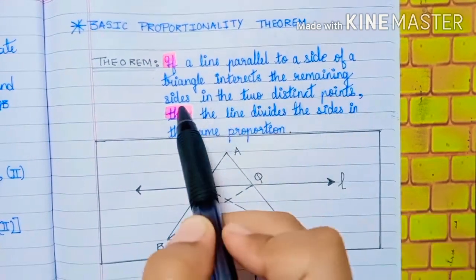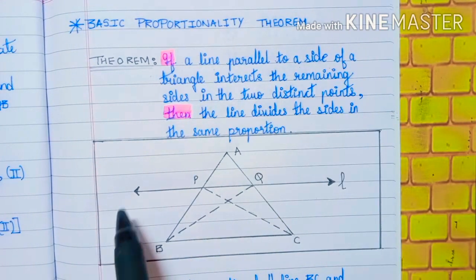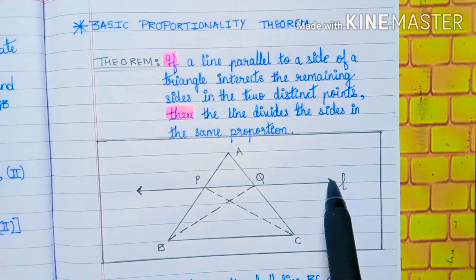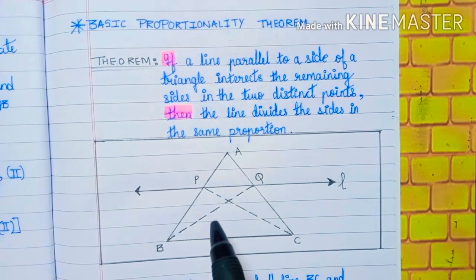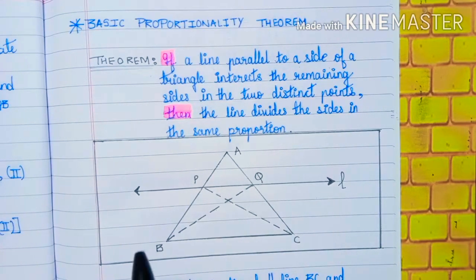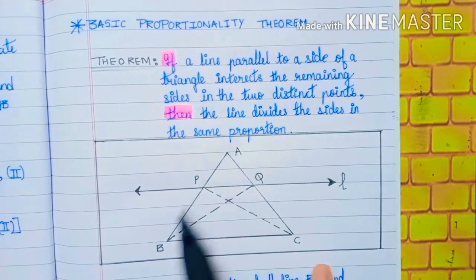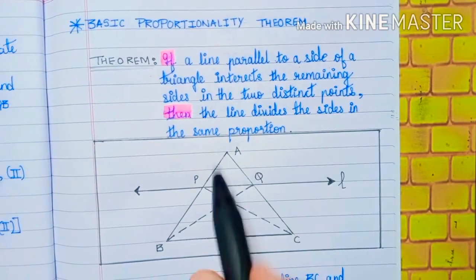Now let us move ahead. Intersects the remaining sides in the two distinct points. Which are the two sides with which the line L intersects? Side AB and side AC are the remaining sides, so the line L intersects the sides AB and AC.